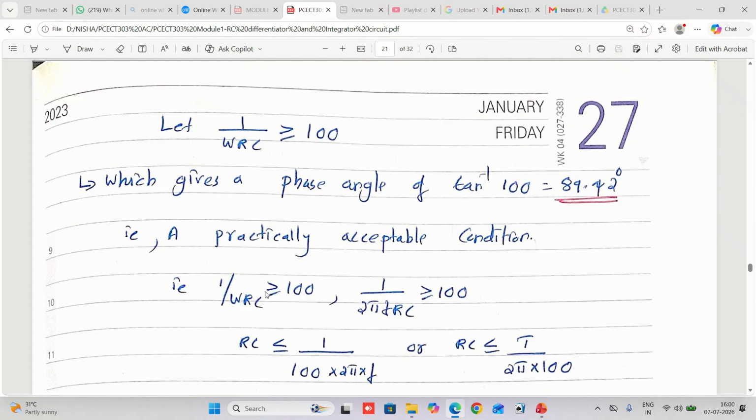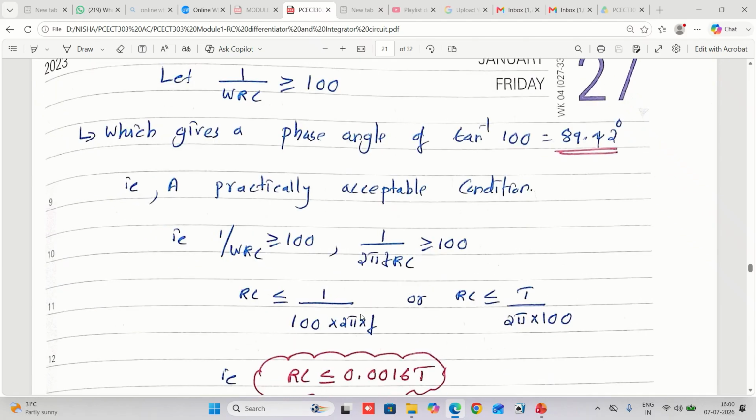So 1 by omega RC should be very much greater than 100, that means 1 by 2 pi f RC very much greater than 100. Rearranging this equation, RC is very much less than 1 divided by 2 pi f into 100. That is, RC is very much less than 1 by f, which is the time period, since frequency equals 1 by T, so 1 by f equals T.